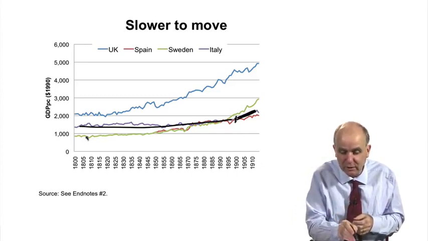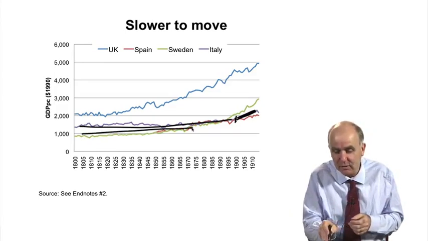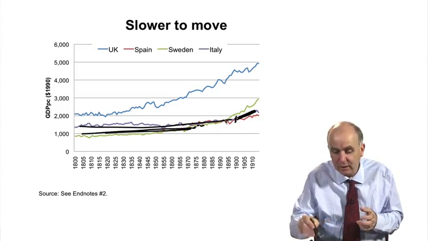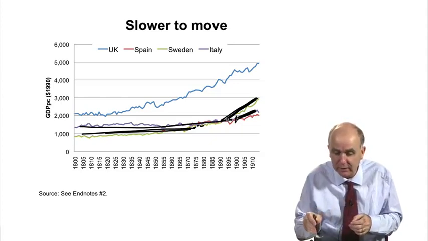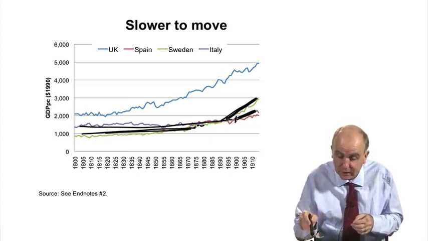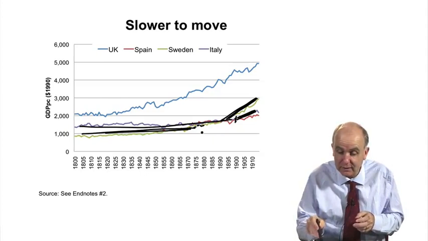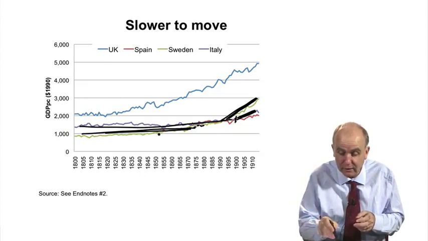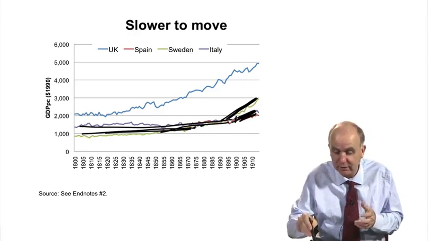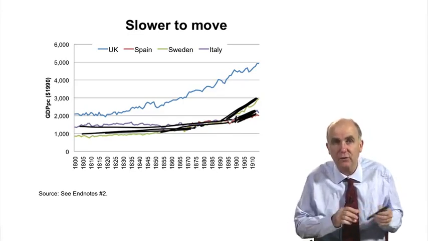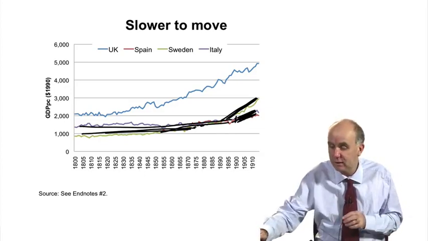If we look at Sweden, we get a relatively flat line with a little bit of increase, again not really taking off until the last part of the 19th century. The other country there is Spain, where you can see again a slow increase, but then taking off, to the extent that it does take off at all, only after around 1890.